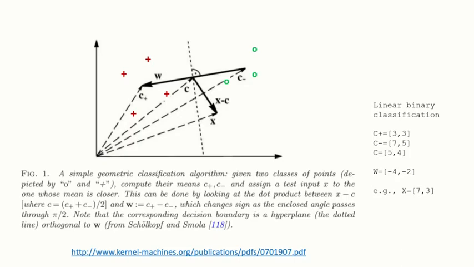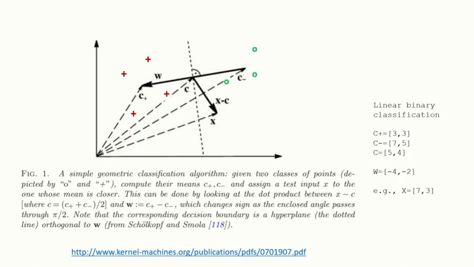Everything is a vector from zero. So you use C plus minus C minus, and then you get a vector here. This vector is called W. And then you can easily compute the center here, C, which is another vector. So that's all we need.